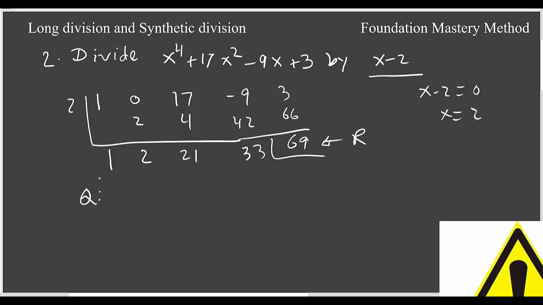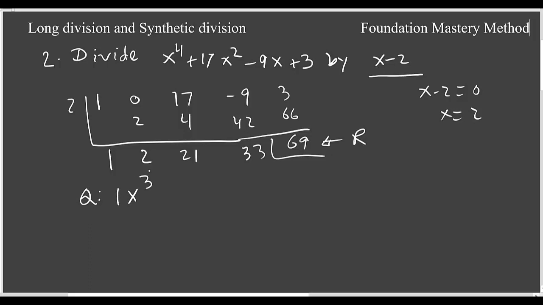Now what is our quotient Q? We are dividing an x to the 4 function by a linear one, so it will start with x to the 3. So you can say 1x to the 3 plus 2x squared plus 21x plus 33.